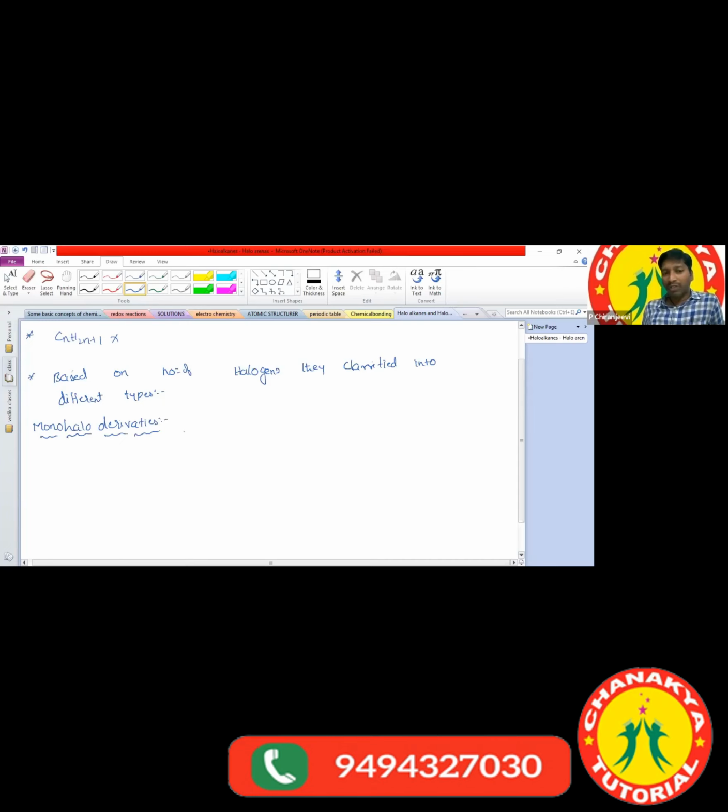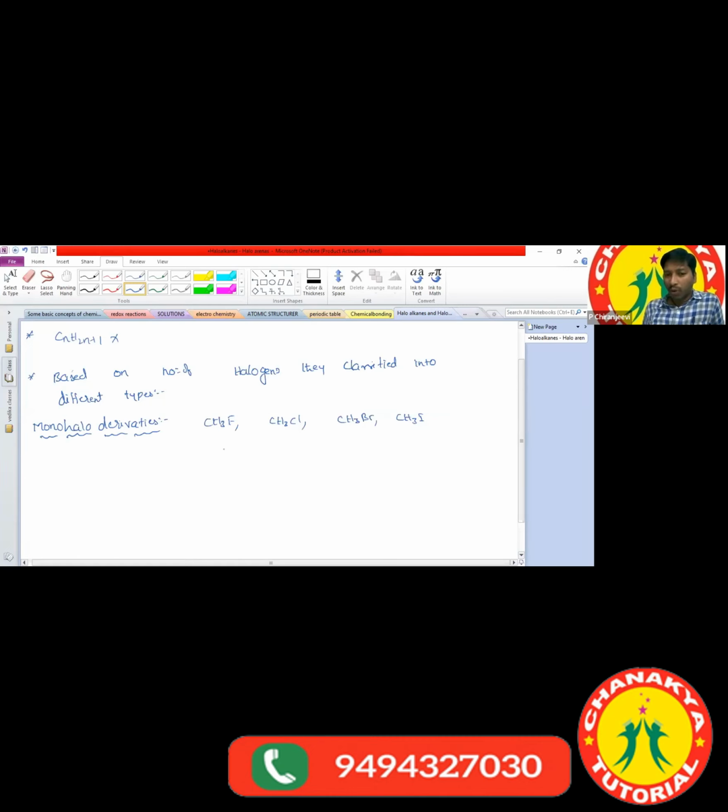For example, methyl fluoride CH3F, methyl chloride CH3Cl, methyl bromide CH3Br, and methyl iodide. All these are examples of mono-halo derivatives.